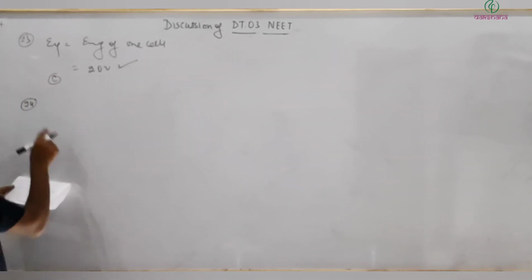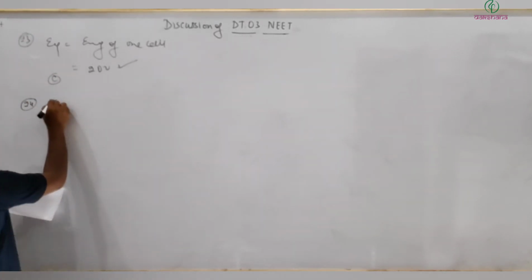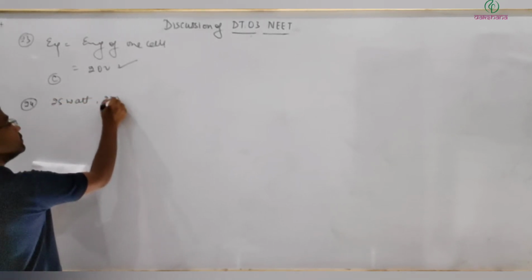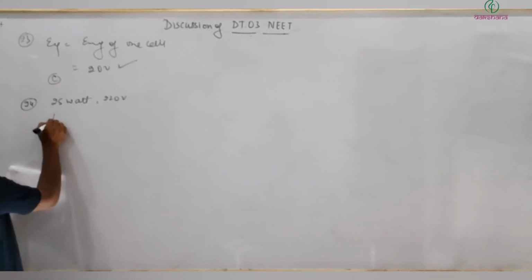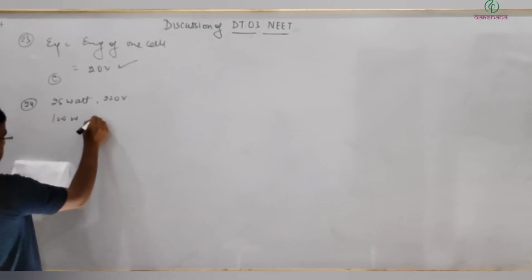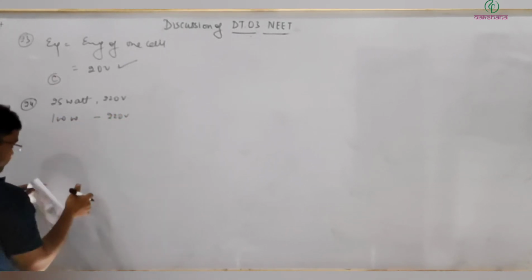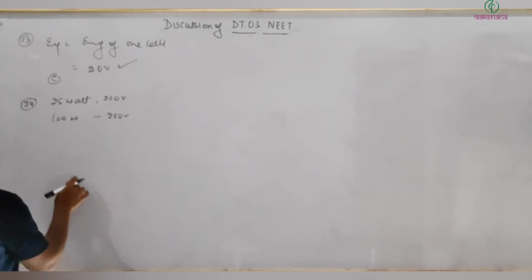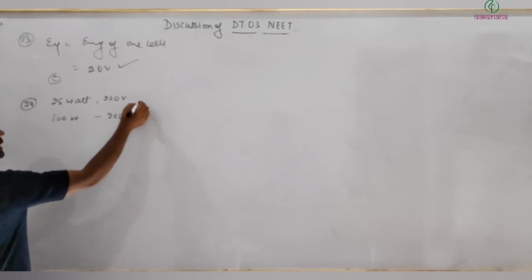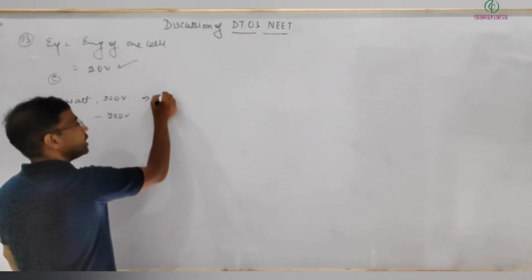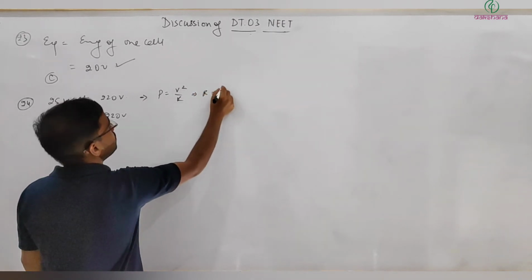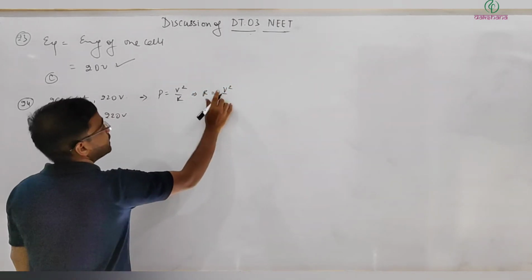Question number 24. 25 watt and 220 voltage bulb, 100 watt and 220 voltage bulb are connected in series across 440 volt. All right, so here P is equal to V square by R. This implies R is equal to V square by P. Clear?